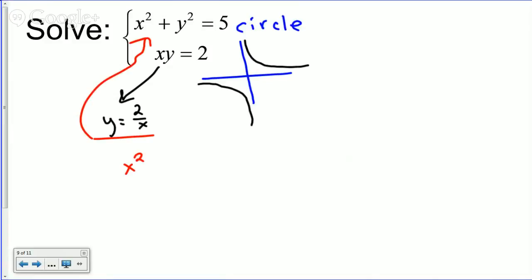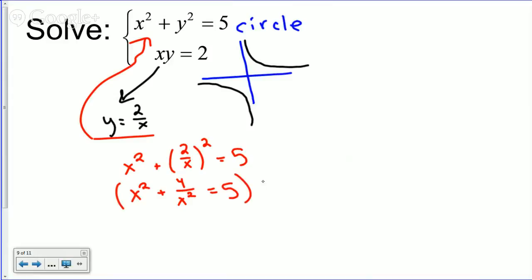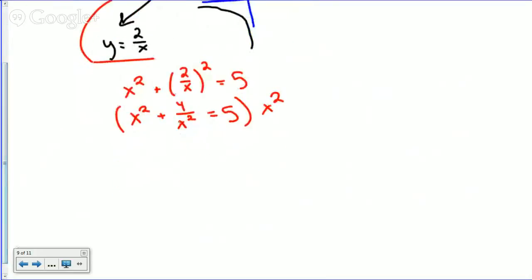So I have x squared plus (2 over x) squared equals 5. So that leaves me with x squared plus 4 over x squared equals 5. We can multiply the whole thing by x squared because that's my common denominator.